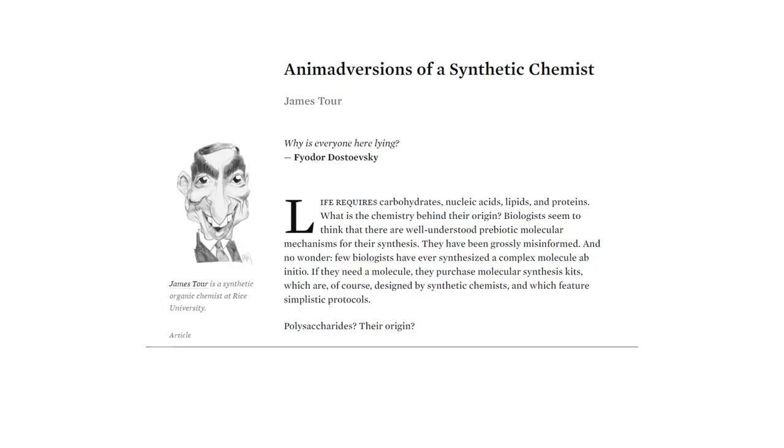And for those of you who are truly interested in chemistry, I refer you to this paper by Professor James Tour at Rice University called "Animated Versions of a Synthetic Chemist."